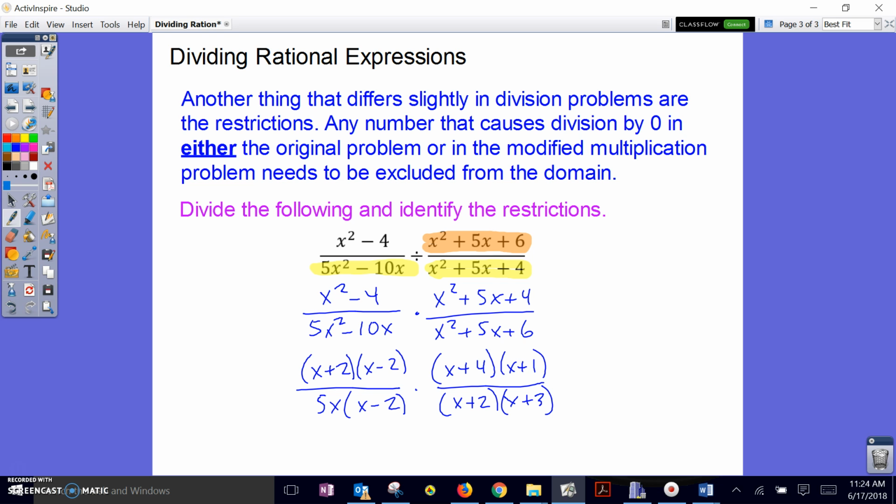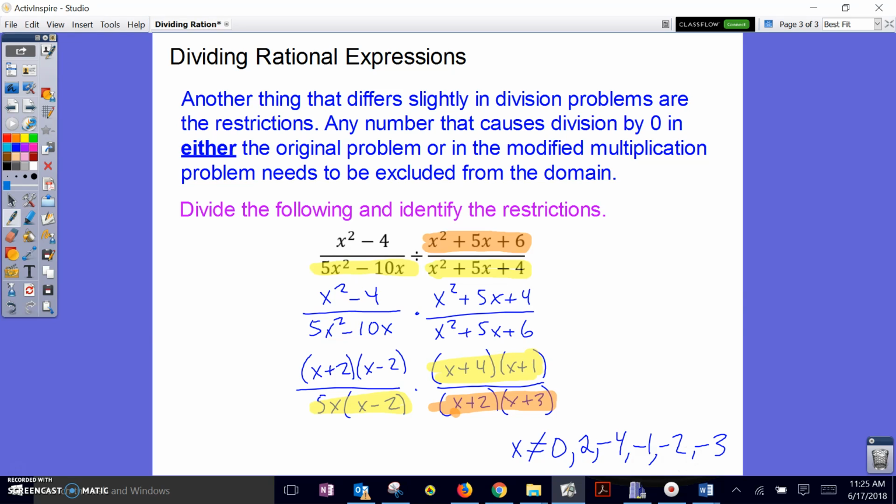And now any of these factors are going to lead to restrictions. We've got those in the original. We've got these from the modified. So we're going to have all of these restrictions. X can't be equal to 0, 2, -4, -1, -2, or -3.